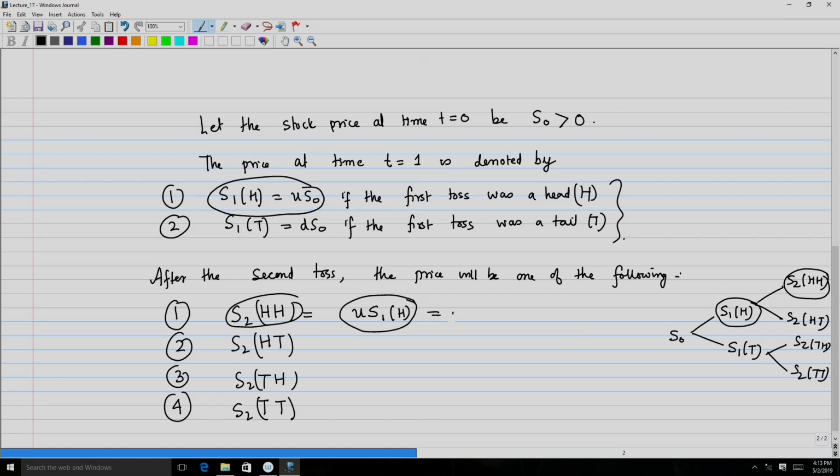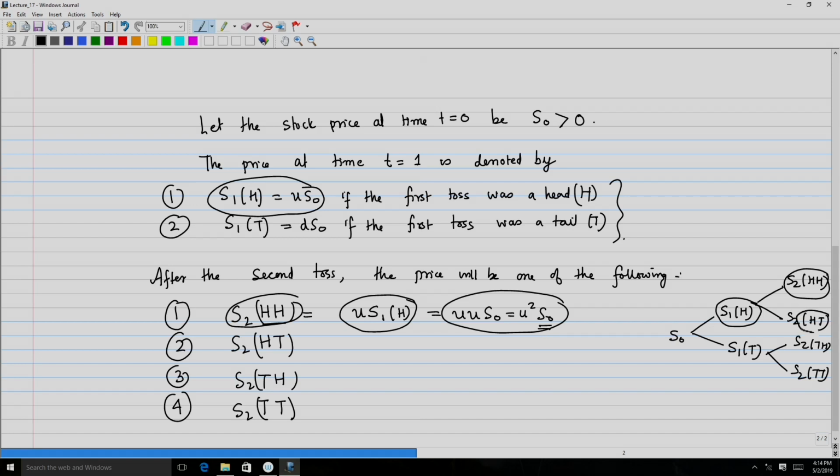So this becomes u into u S0, which is u square S0. This follows obviously because 2 heads means 2 upward movements from the initial price S naught.